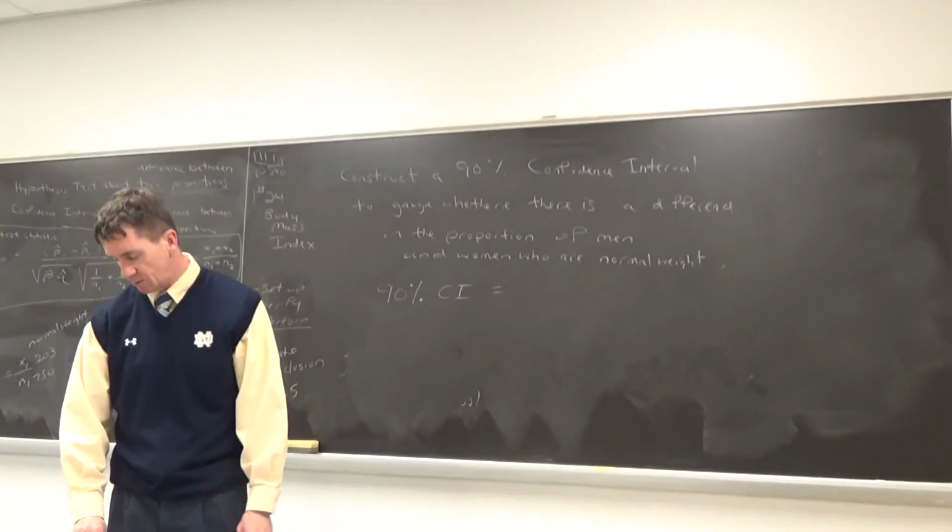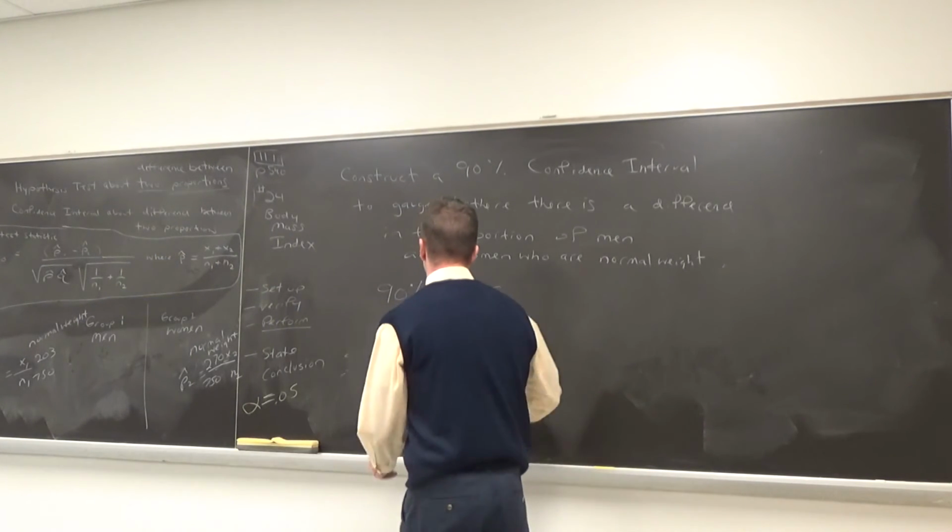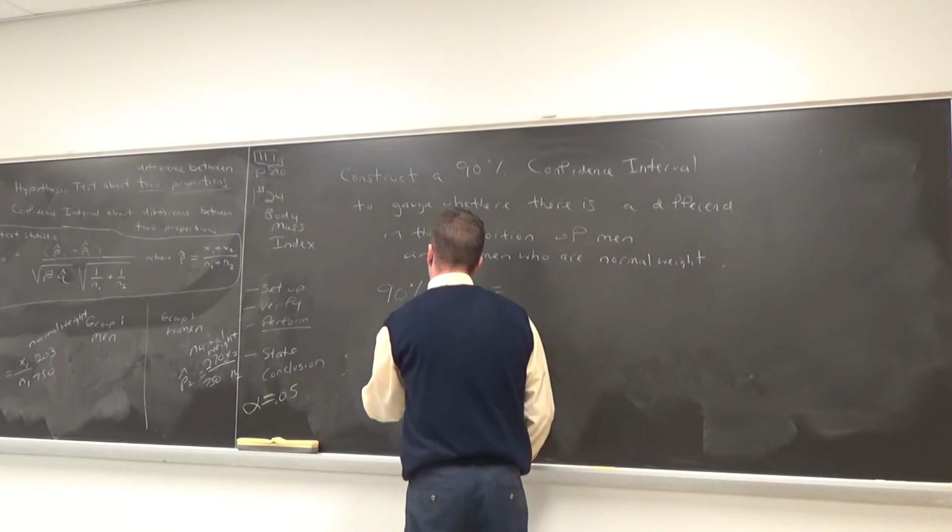And when I write this out on the board here, you do not have to copy this. But it would be like this. This would really be a p hat 1 minus p hat 2.